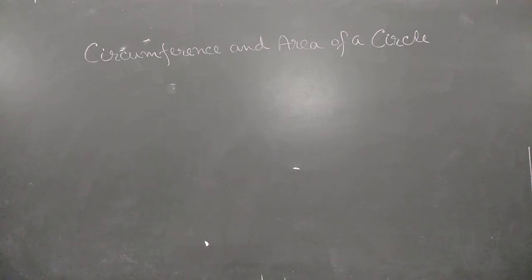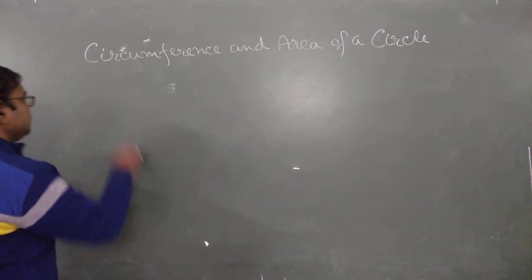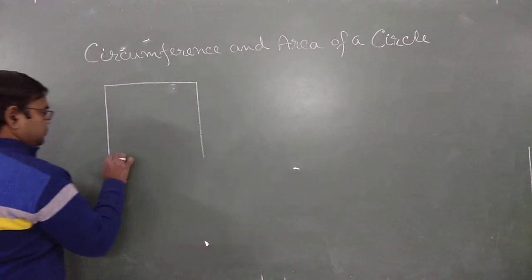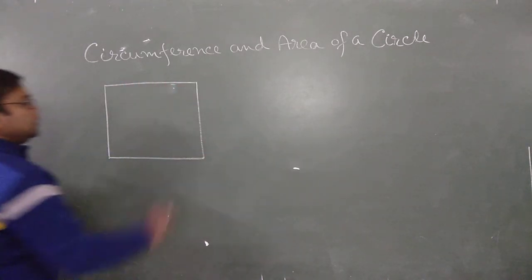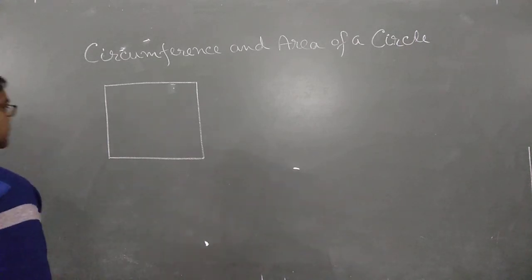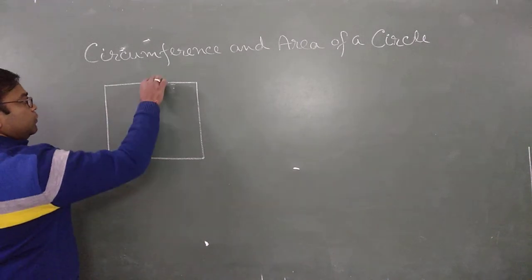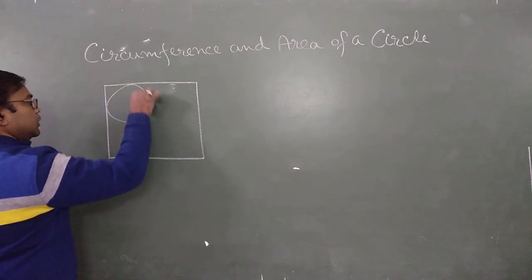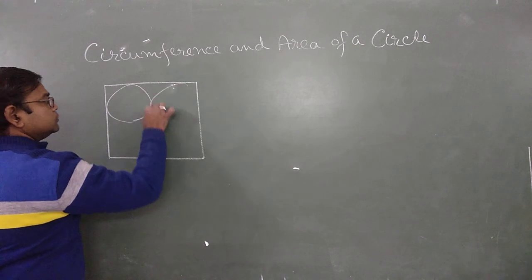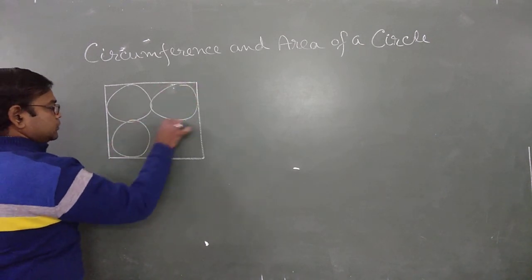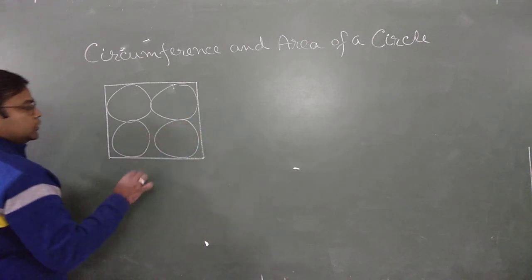In this question it says that there is a square piece of paper or sheet, whatever it is. This type of question, there is a square piece of paper or sheet given to you, and the question says four equal size circles are cut from the sheet likewise. Clear?